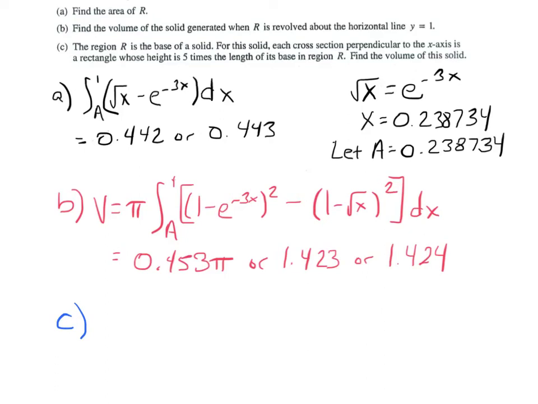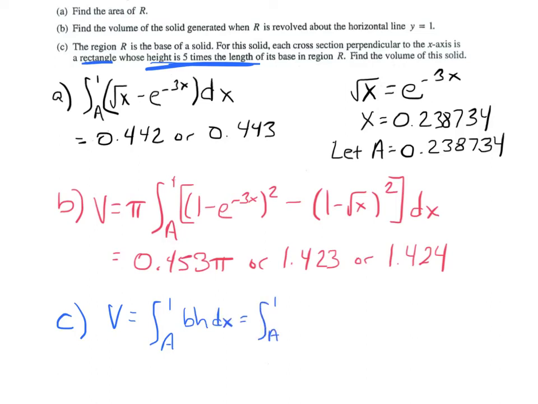Okay, part C, we're dealing with a cross-section perpendicular to the x-axis, and that cross-section is a rectangle whose height is 5 times the length of the base. Okay, so we're looking for volume, and we're going from A to 1 again of the area of a rectangle, which is base times height.